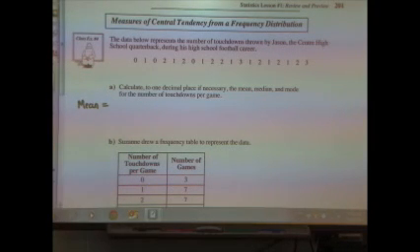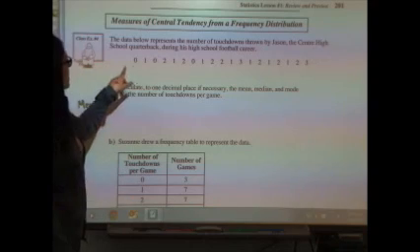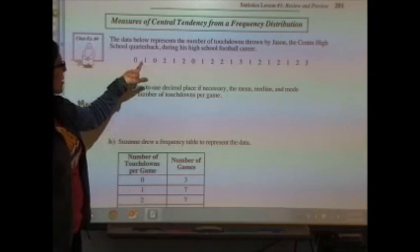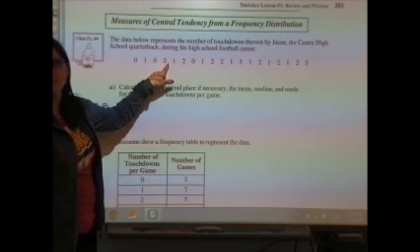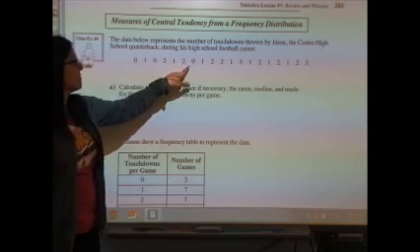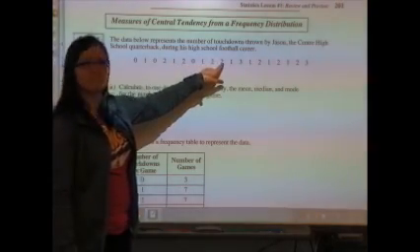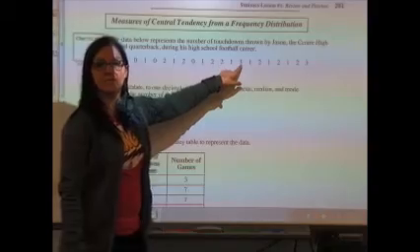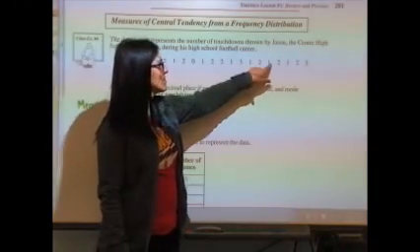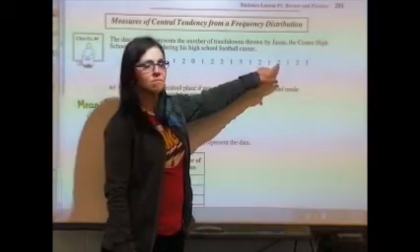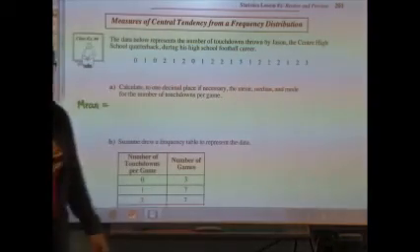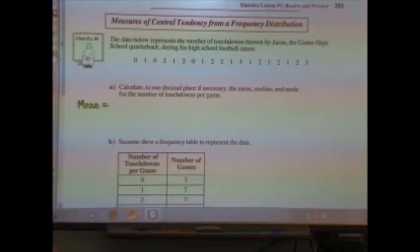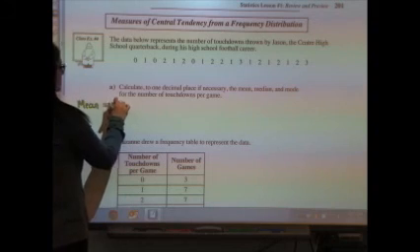For the mean, I'm going to add all of these together. So the zeros I don't need to worry about. 1 plus 2 is? Plus 1? What'd you get? 27.